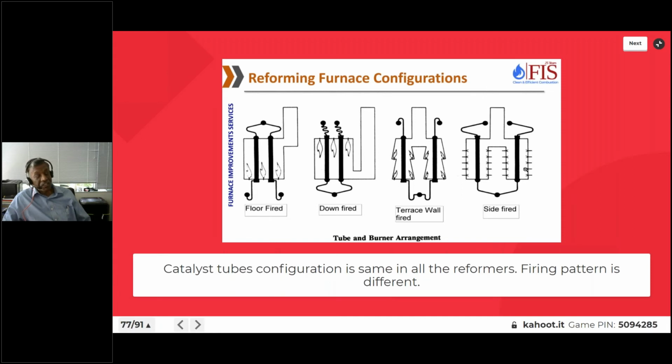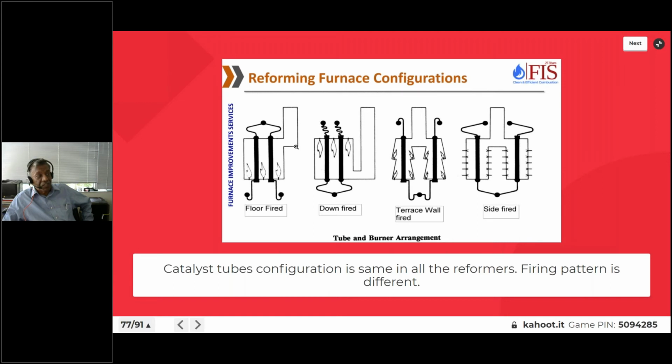The common thing over here is the catalyst tube configuration does not change in any of the designs. Whether you're looking at the floor fired or down fired, the number of catalyst tubes, the size, all those things are the same. What is changing is the firing pattern.